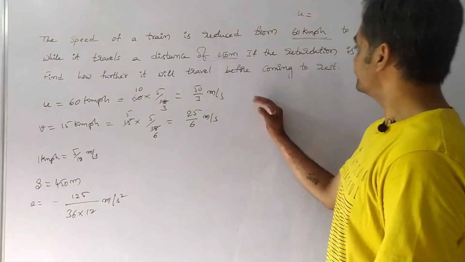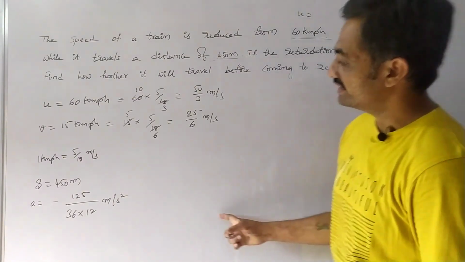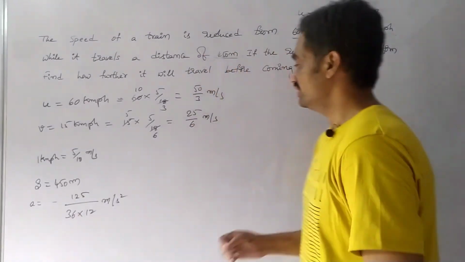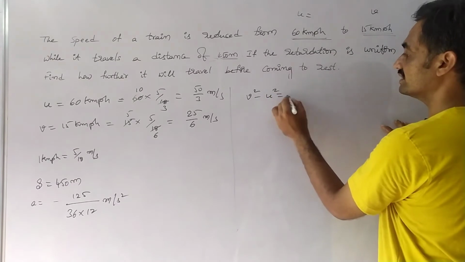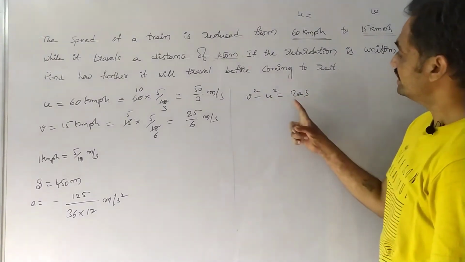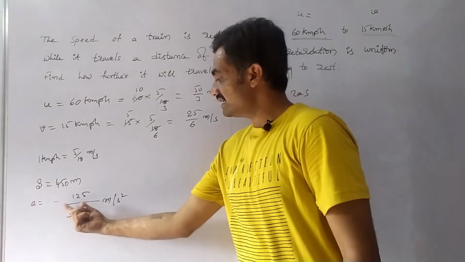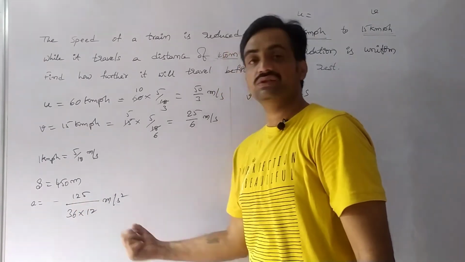To find the distance traveled by the body in the case of retardation, as we had derived the acceleration, in order to derive this, again let us consider the same equation: v square minus u square equals 2as. Here observe that the acceleration is given as 125 by 36 into 12.